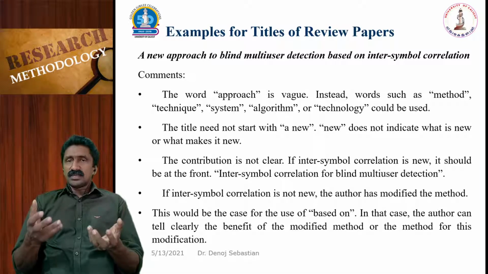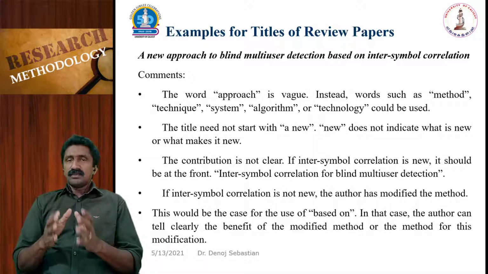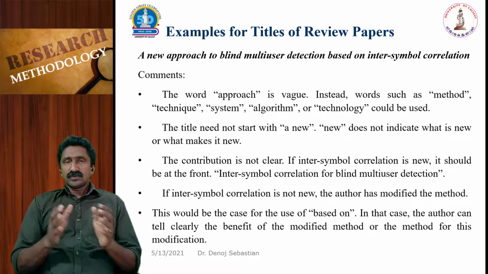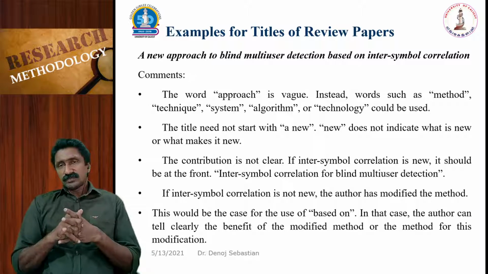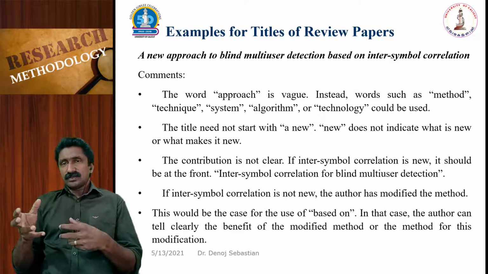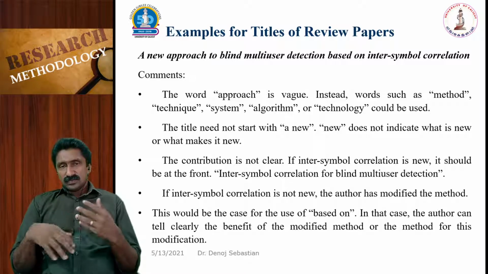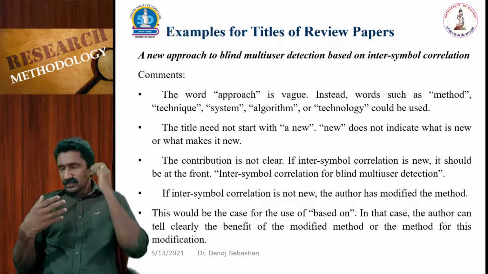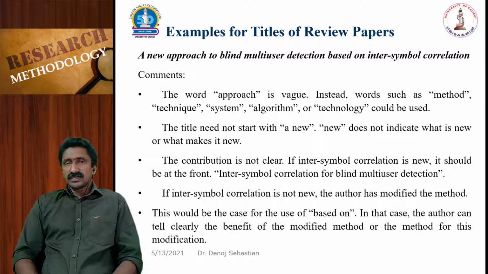So it's a method based on a particular method. In that case, the author can tell clearly the benefit of the modified method, or the reason for this modification should be mentioned. Here it is a modified method, not a standard method, so you need to give stress on why such a modified method is used.